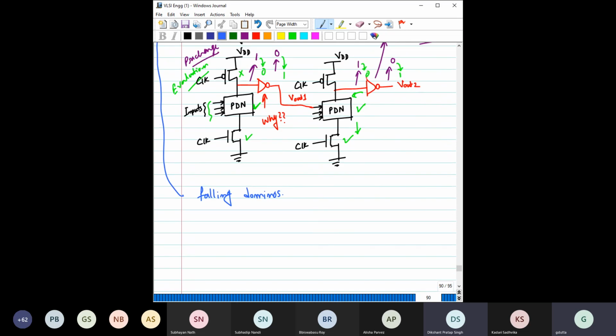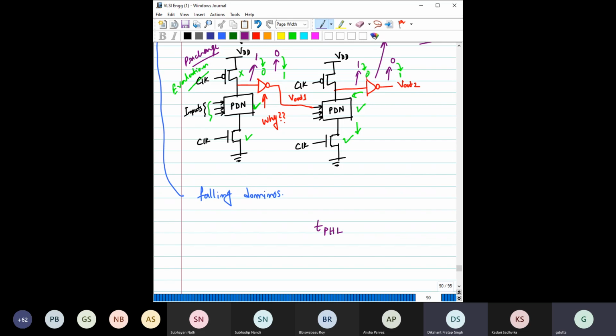Okay, so here let me ask you one question. Can you comment on what would be the TPHL for this domino logic? I hope you recall what TPHL is. It is the propagation delay for high to low.